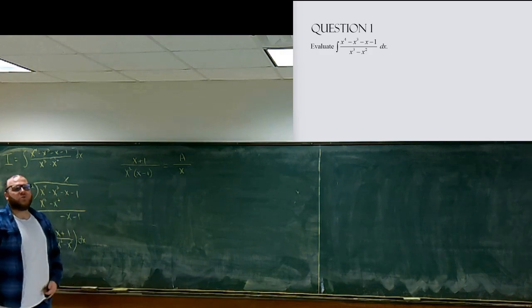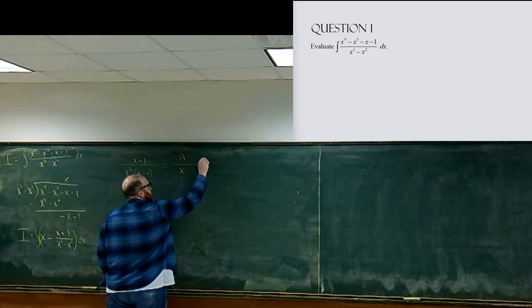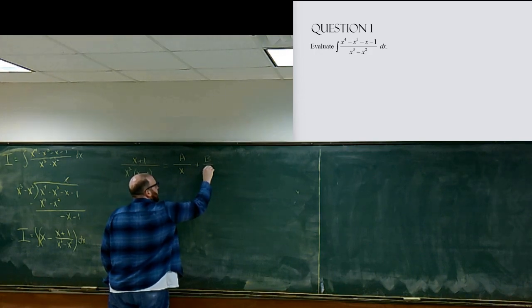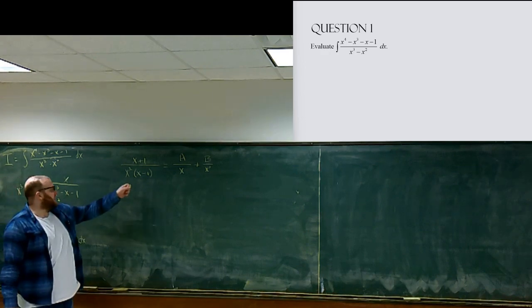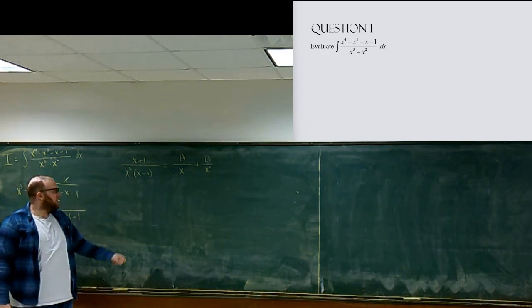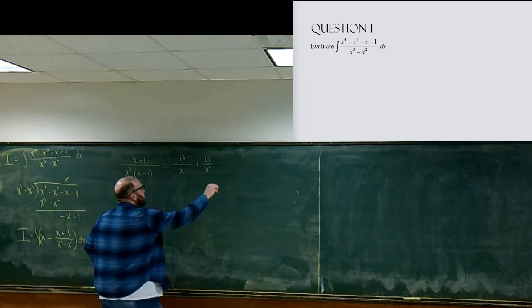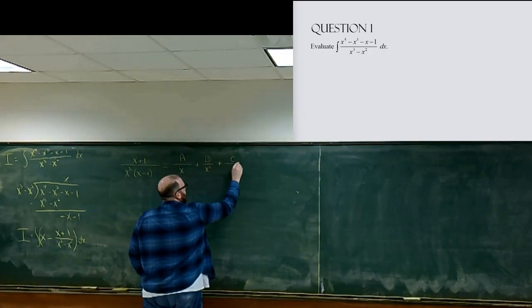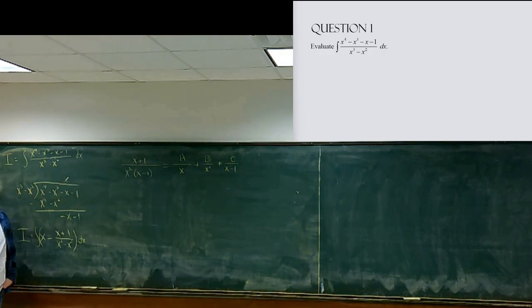So it contributes two terms. A over x plus b over x squared. That takes care of x squared. X minus 1 is linear. It'll contribute c over x minus 1.